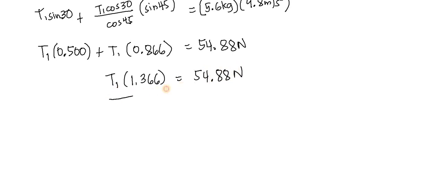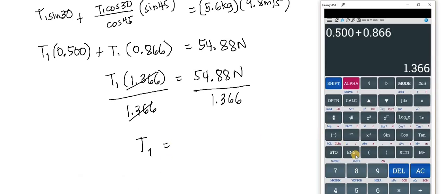So for us to get the value of T1, we divide both sides by 1.366. Okay, so they cancel. We have now T1 is equal to 54.88 divided by 1.366. So that is 40.18.